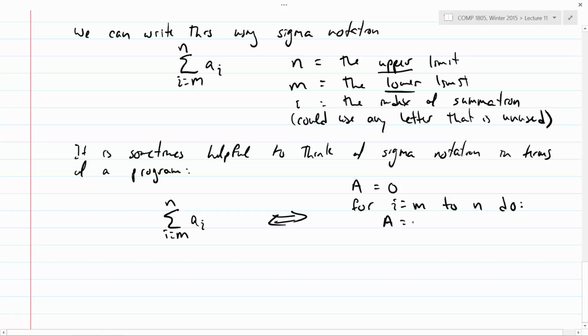I set a to be equal to a plus the ith term. And then once that's done, I return a. That's how you can think of it if you want to think of it in terms of a program. You don't have to think of it this way, but if you find it helpful, feel free to.